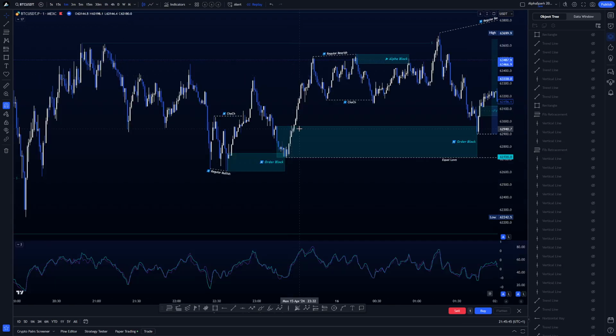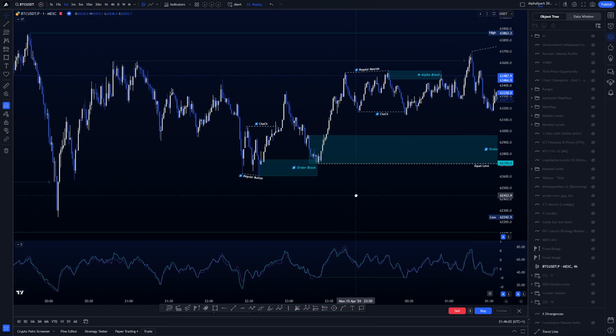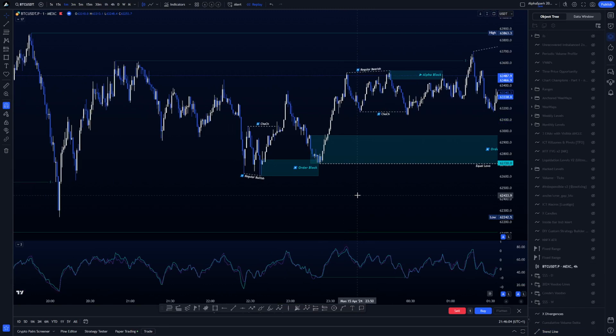And also because if you compare these two lows over here, which is referring to this low, on the change of character we did a hidden bullish div. That's not something that you want to see on a reversal model, okay?